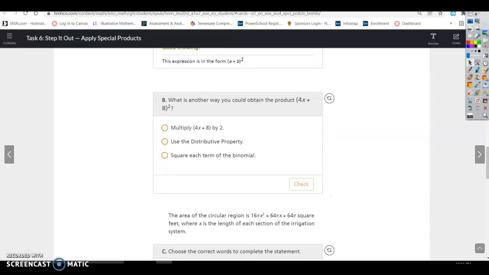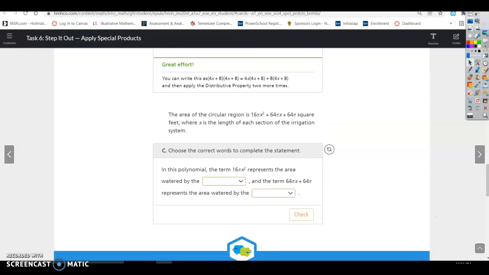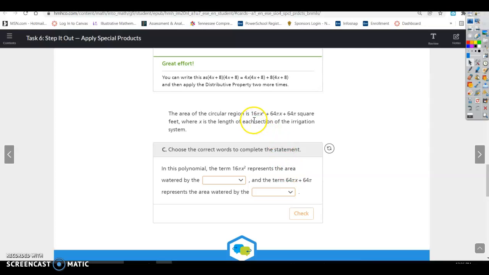What is another way you could obtain the product? You could also use distributive property, which we have done. And it says the area of a circular region is 16 pi x squared plus 64 pi x plus 64 pi square feet, where x is the length of each section of the irrigation system.